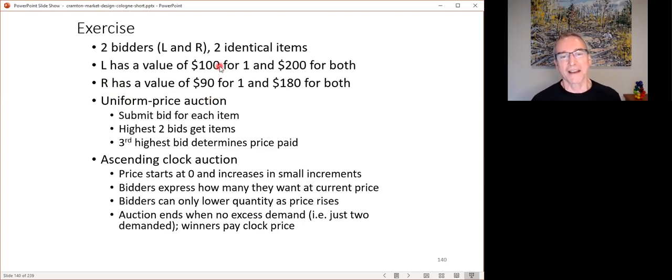So your demand curve for L would be 100, 100 for the first and second item, and 90, 90 for R. Now we're going to auction first using the uniform price auction, and then we'll do an ascending clock.